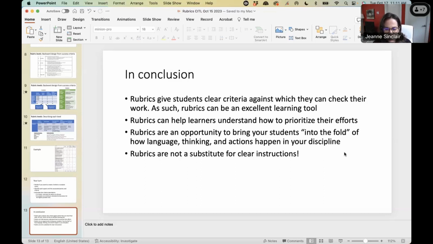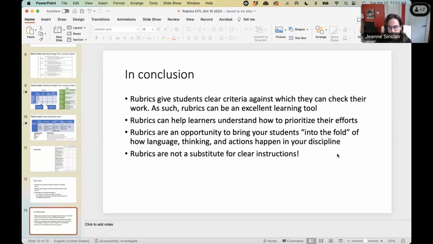Rubrics are a chance for you to bring your students into the discipline and to understand the discipline from this insider perspective. That's my teaching philosophy: that through our instruction and our assignments, we try to bring students into the fold of the discipline and empower them to change the discipline from within, and move us along in the field.